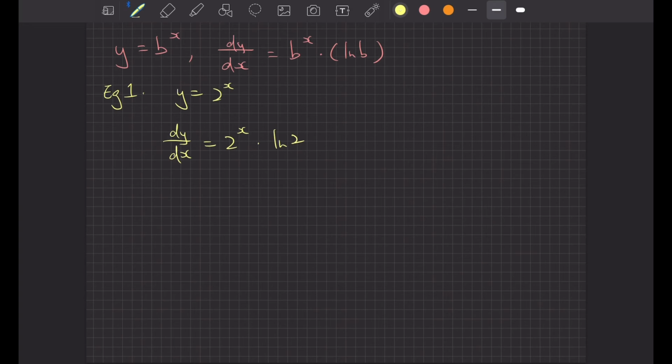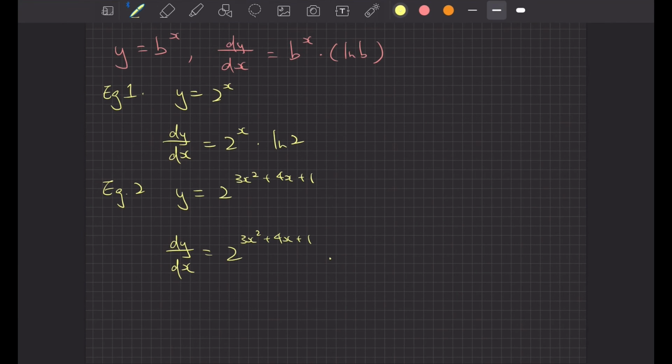Let's do one more example. Example 2: when y is equal to 2 to the power of (3x squared plus 4x plus 1), dy/dx would be equal to, first of all, we copy that whole bunch of things, 2 to the power 3x squared plus 4x plus 1.